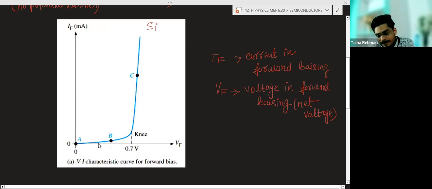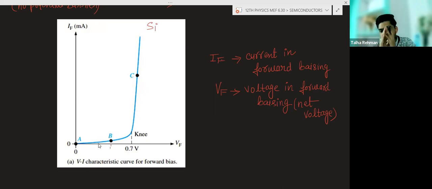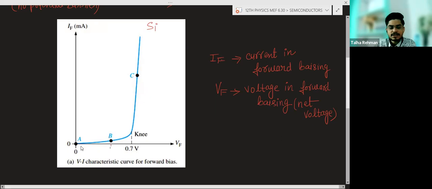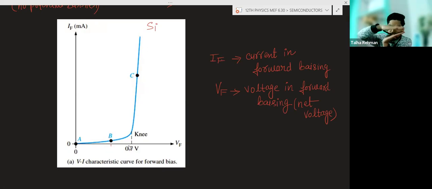Net voltage is decreasing, so the current is increasing a little bit. Suppose you reached here. From here to here, again you increase the applied voltage. Again, the potential barrier will decrease.